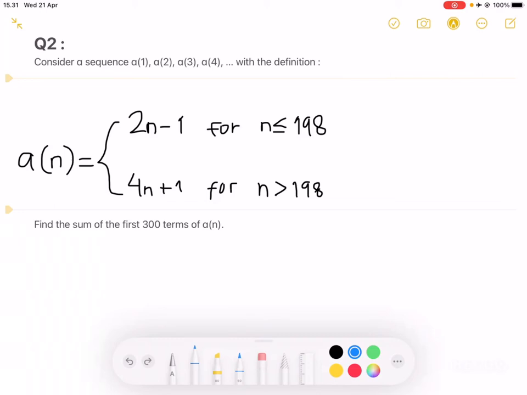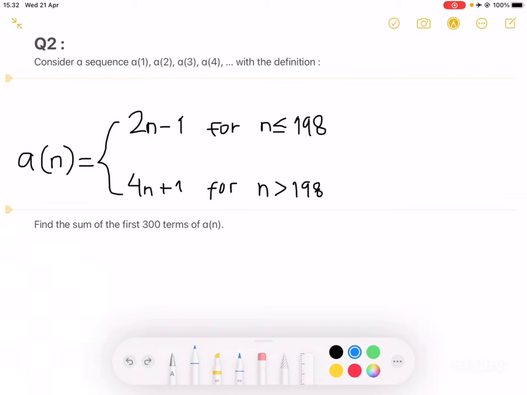Basically, a piecewise definition is a group of definitions according to different domains. As you can see, the domain for the first definition, 2n minus 1, is n less than or equal to 198, and the second definition applies when n is greater than 198. So that's just a brief explanation for this type of sequence.